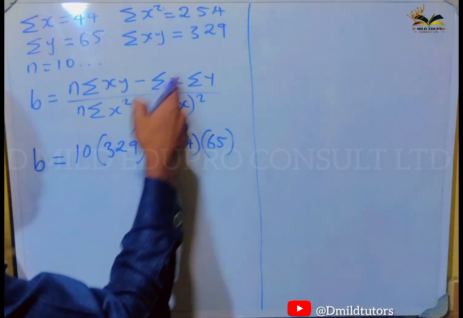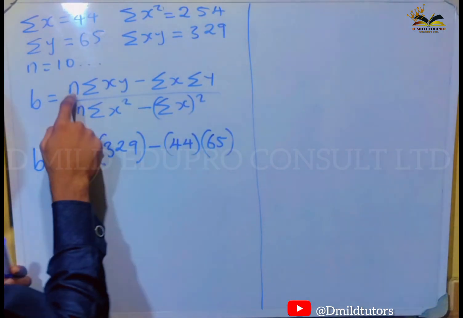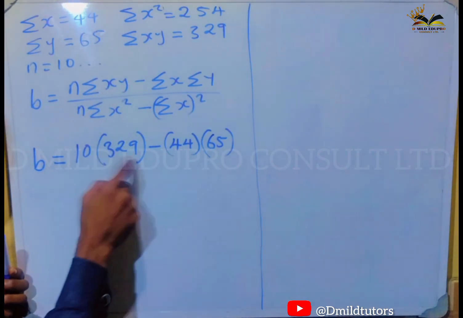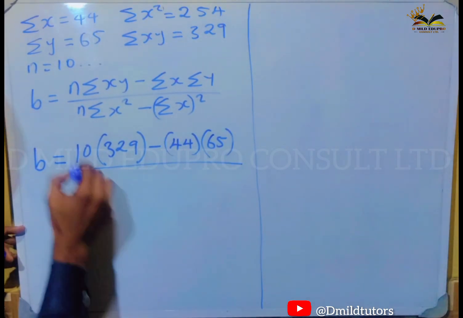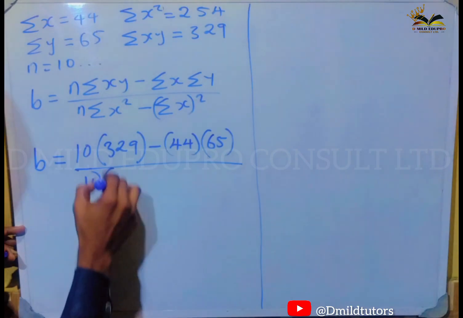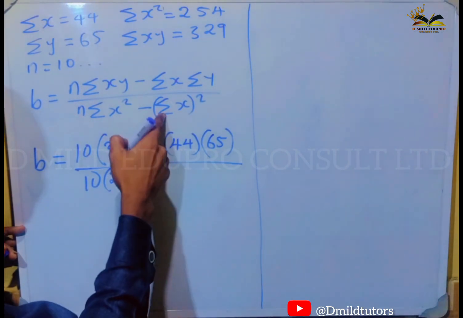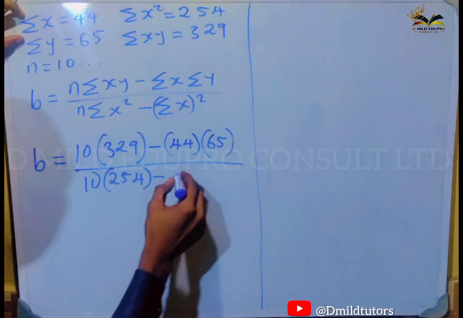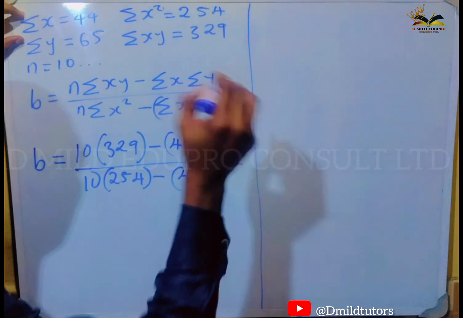Remember, summation x is multiplying summation y, so these two will be multiplying. This n is multiplying the whole of this. Then over n, which is also 10, times summation x squared, so 10 will be multiplying 254, minus summation x, which is this one, 44, but you're going to raise it to the power of 2.